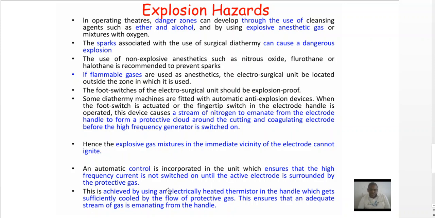This is achieved by using an electrically heated thermistor in the handle, which gets sufficiently cooled by the flow of protective gas. This ensures that an adequate stream of gas is emanating from the handle. So these are some of the hazards and the measures taken to avoid the explosion.